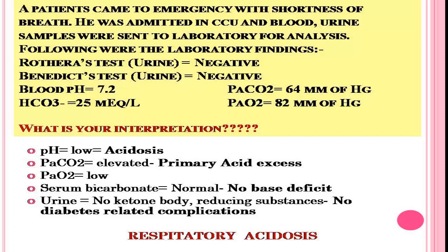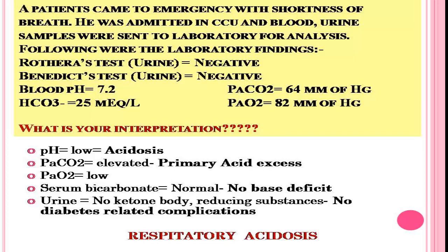And what is the predominant reducing substance in the urine that you expect? That is sugar. So as the urine shows negative Rothera's test and negative Benedict test, there is no ketone body and no glucose in the urine. So this acidosis is not related to diabetes.